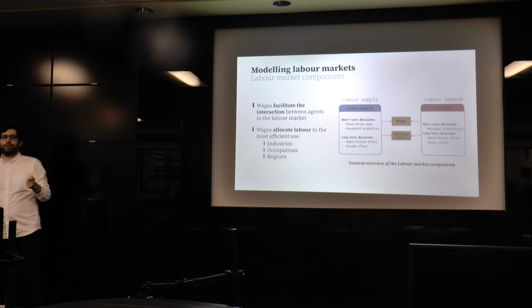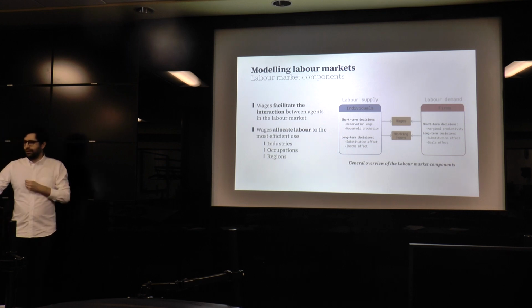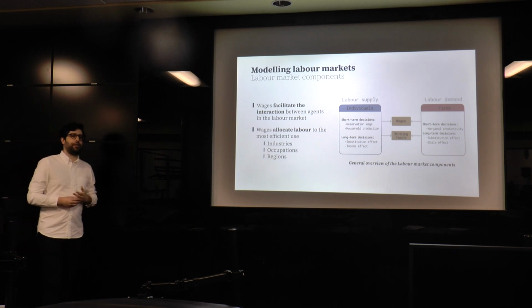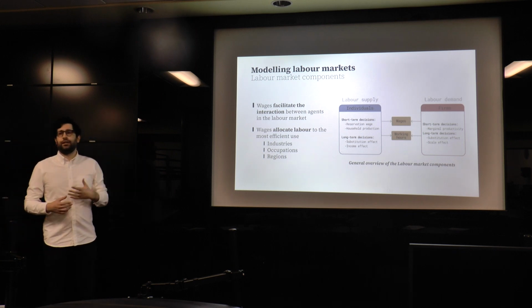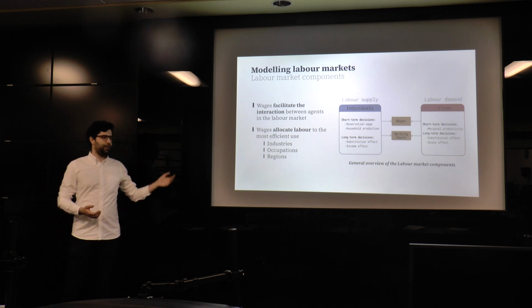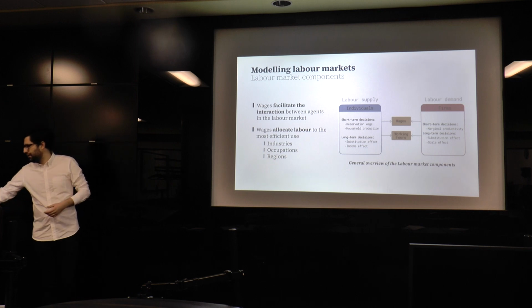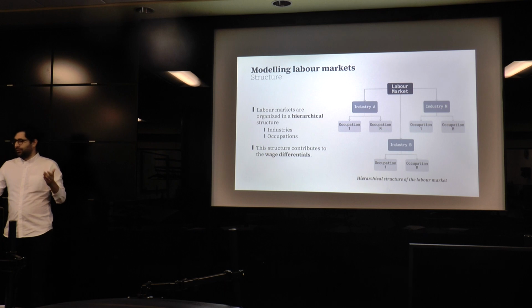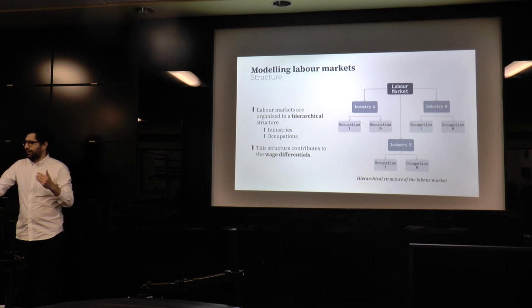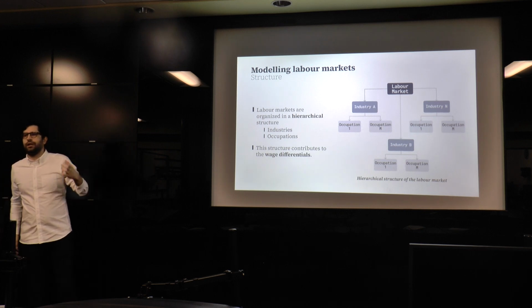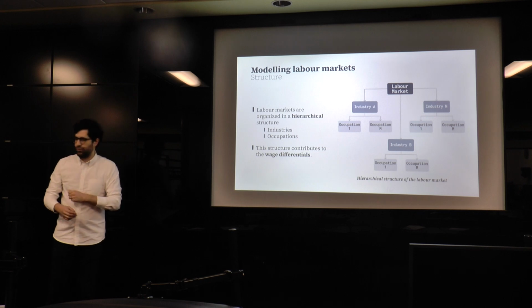So we can see here that wages are an important component of this process, because wages facilitate the interaction between the agents, but also wages allocate the labor to the most efficient use by industry, by occupation, or by regions. Labor markets also have a particularity, that is they are organized in a hierarchical structure in which one job belongs to an occupation and that occupation belongs to an industry.